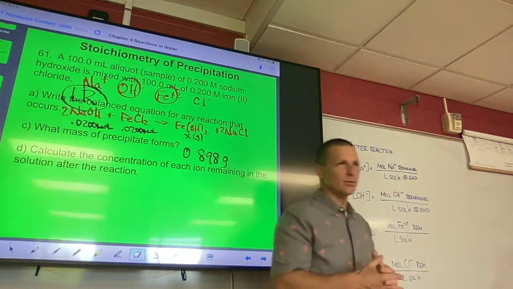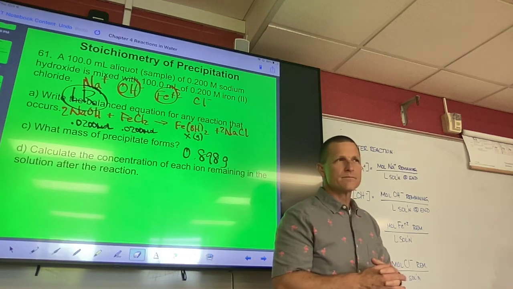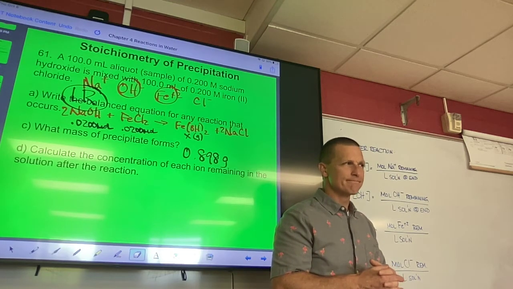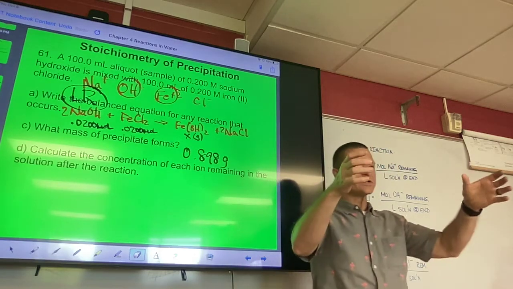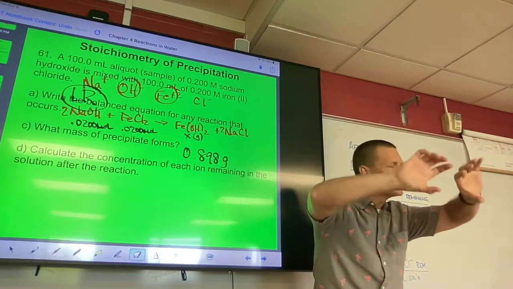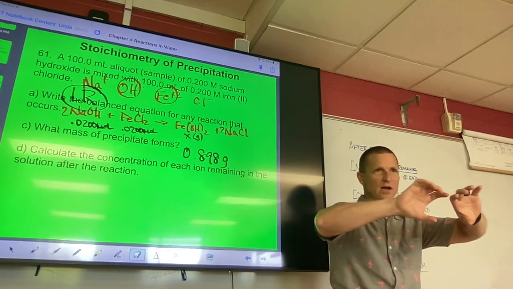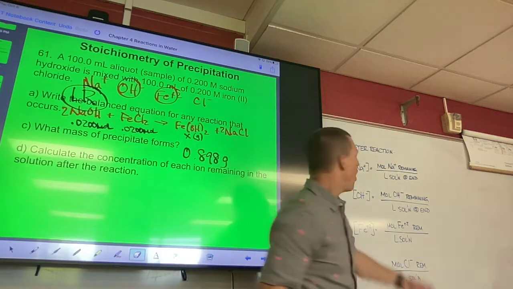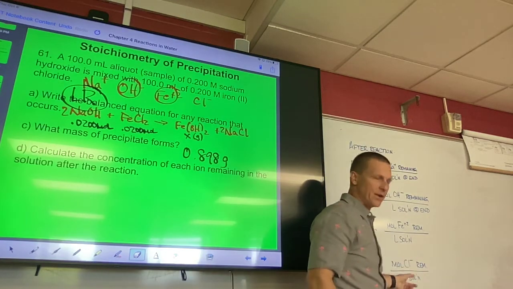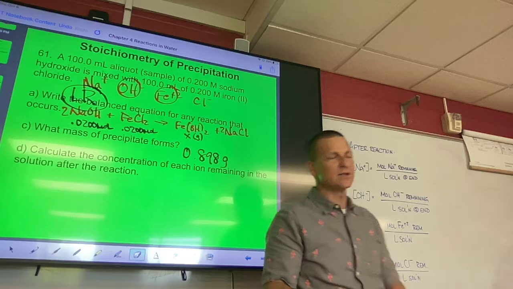What is that volume? I have 100 milliliters of sodium hydroxide and 100 milliliters of iron chloride, and I combine the two together. What is my final volume? 200 mLs, which is 0.2 liters. All four of these will have the same denominator. They're all in the 200 milliliters of solution.